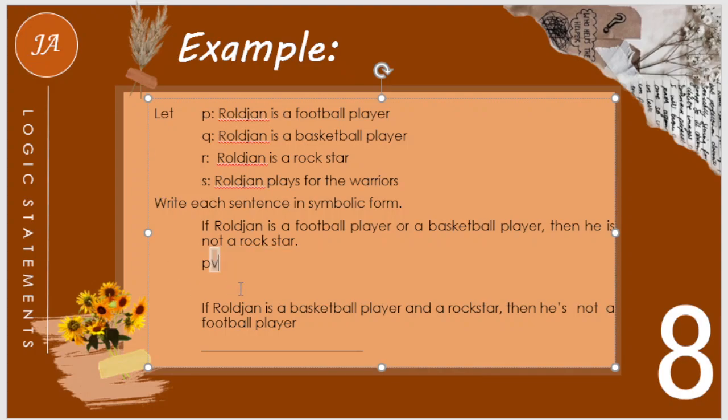Okay, so, or basketball player. Okay, we let this one as Q. So we have here Q. Okay, then comma. So therefore, this is inside the parenthesis because we have here comma. All right.